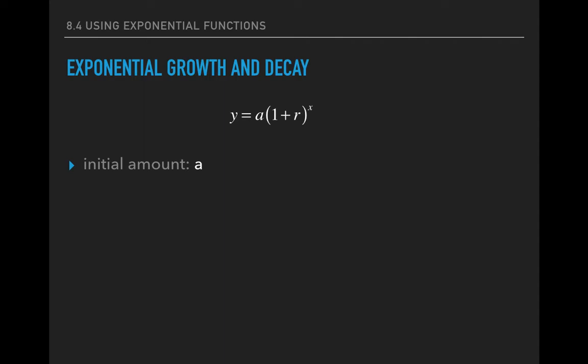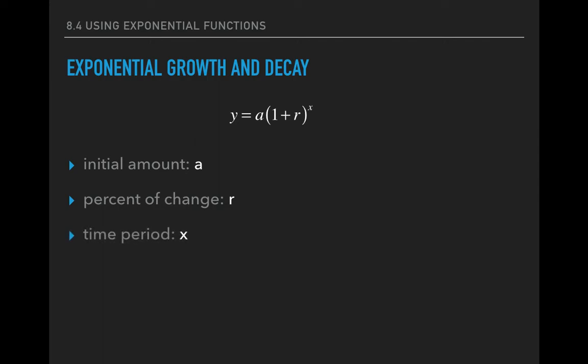It could be an initial amount of money, it could be of some amount of a substance. It really varies. The r is going to represent the percent of change, and it will be in a decimal format. You won't actually see a percent, like 50% in there. It'll be written as 0.5.